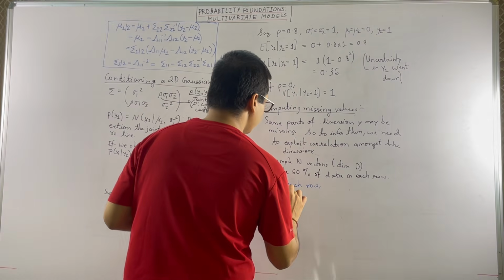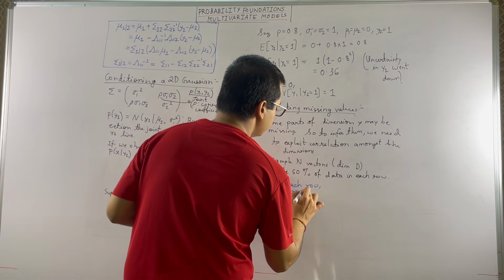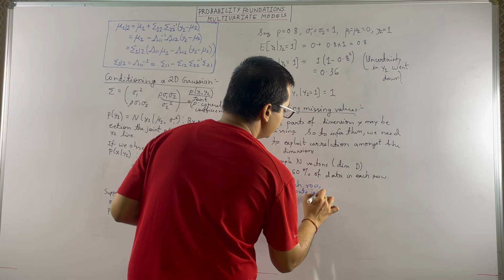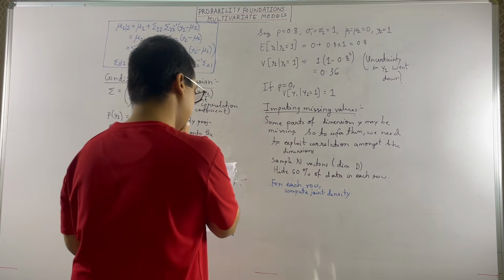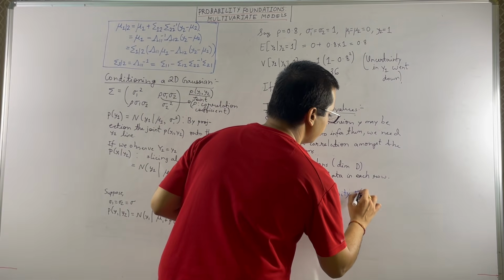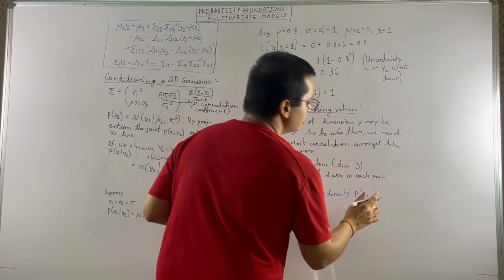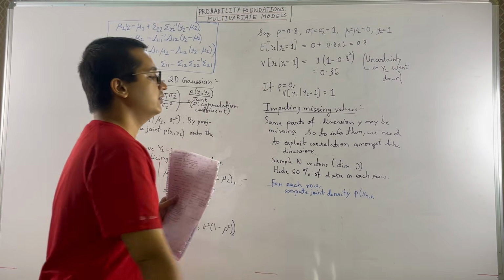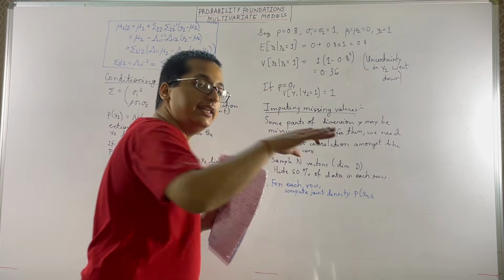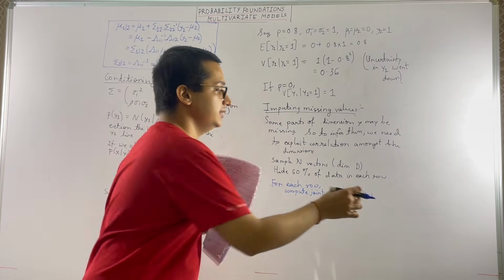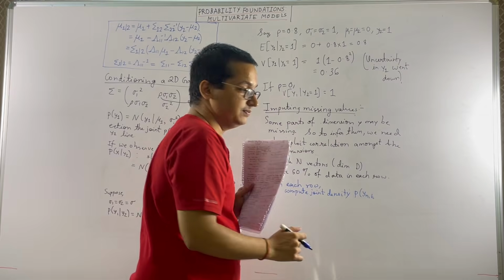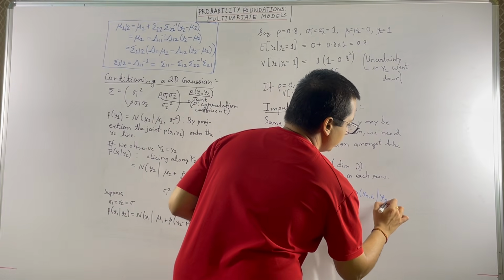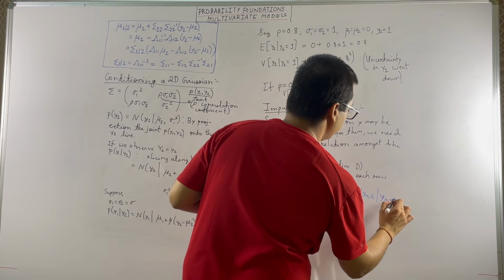So for each row, we compute the joint density, which is given by P of y of n comma h, where n comma h means, for the row n, all the hidden elements. So it is basically a vector, not a scalar. That's why it is joint. Okay, y of n comma v comma theta.